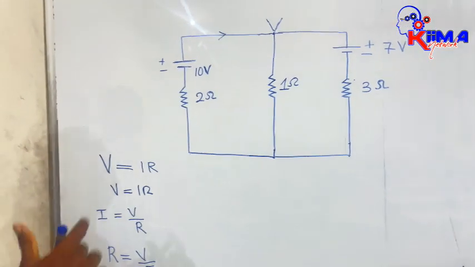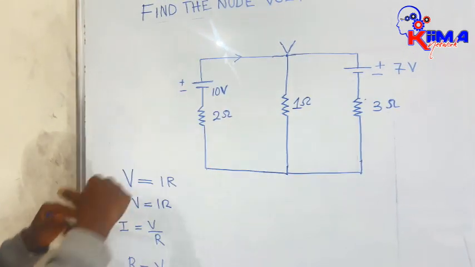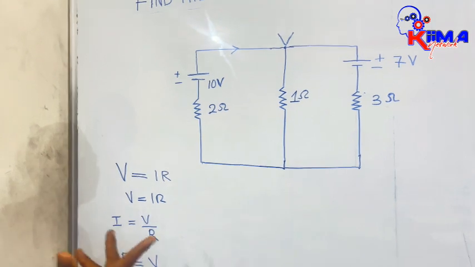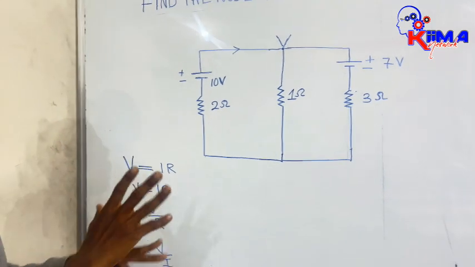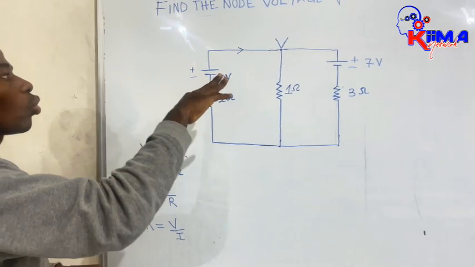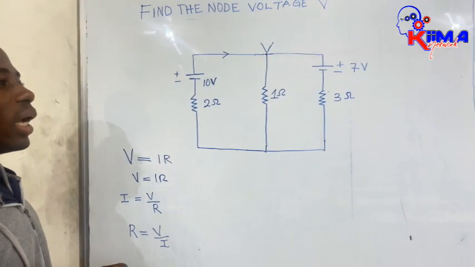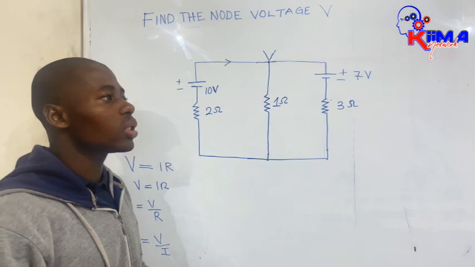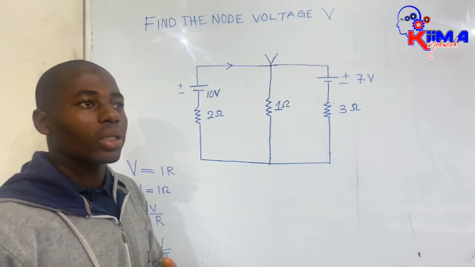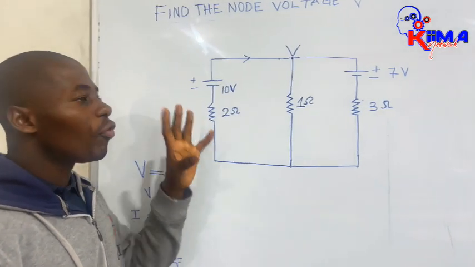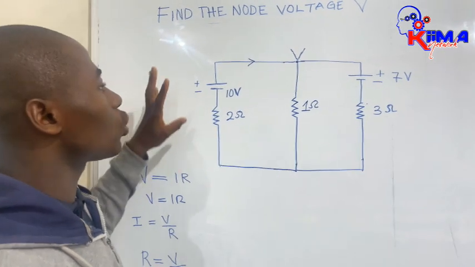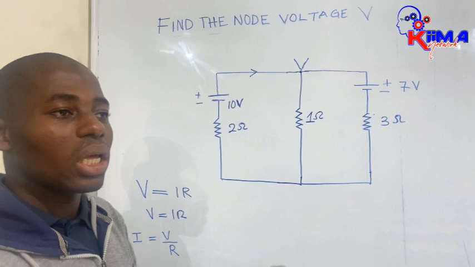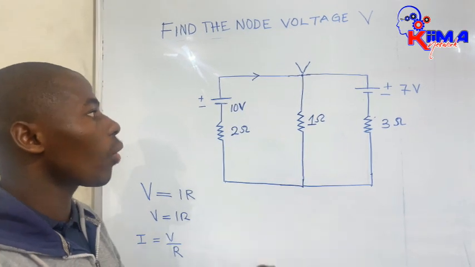Looking at the terminals, we have a positive and a negative, so current flows from the negative terminal to the positive. That defines the current in basic electronics: the flow of electrons from the negative region to the positive region is what we consider to be current.